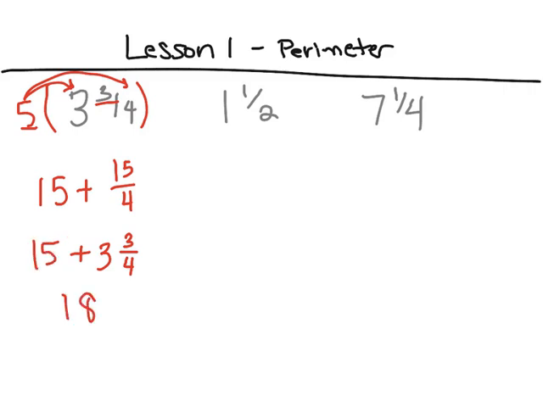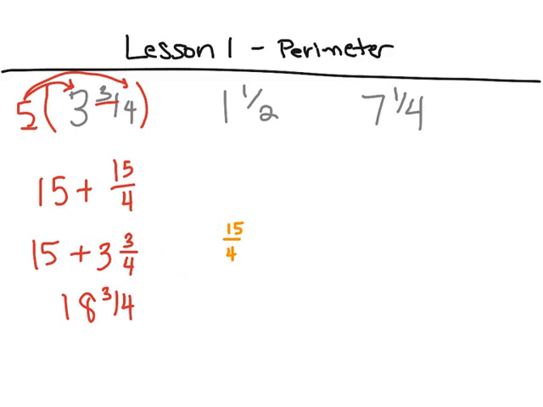So altogether we have 18 3/4. To think about that, 4 times 3 is 12, so you'd have 12 plus 3 to make 15. And 12 over 4 plus 3 over 4 is 15 over 4. 12 divided by 4 is 3, plus 3/4.